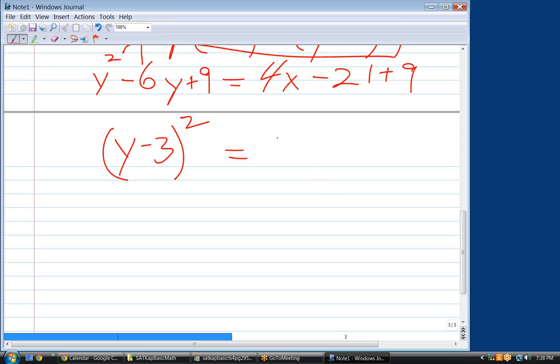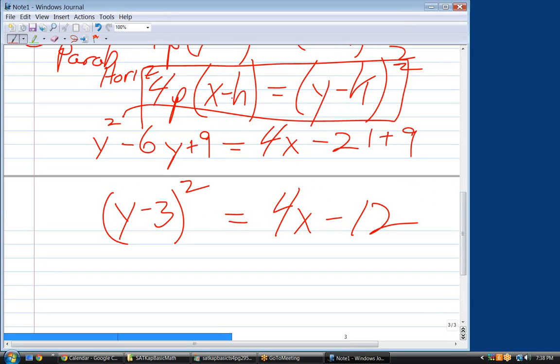On the right side, I now have 4x minus 12, and I can factor, and I want the right side to be just x minus h. I don't want this coefficient. So first of all, let's factor that 4 out. We're left with this.